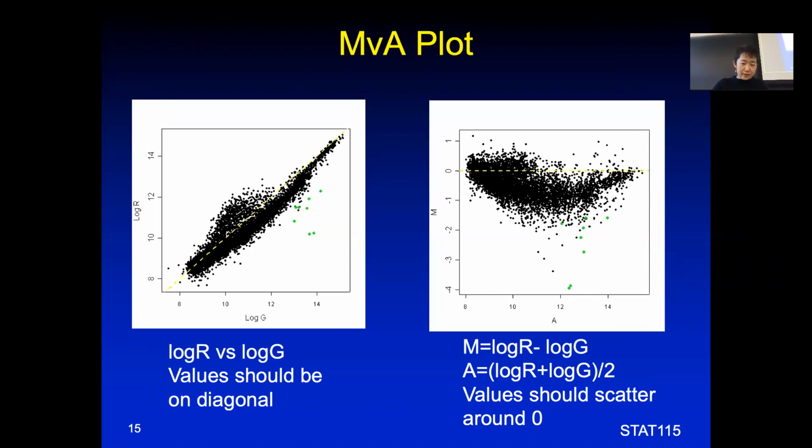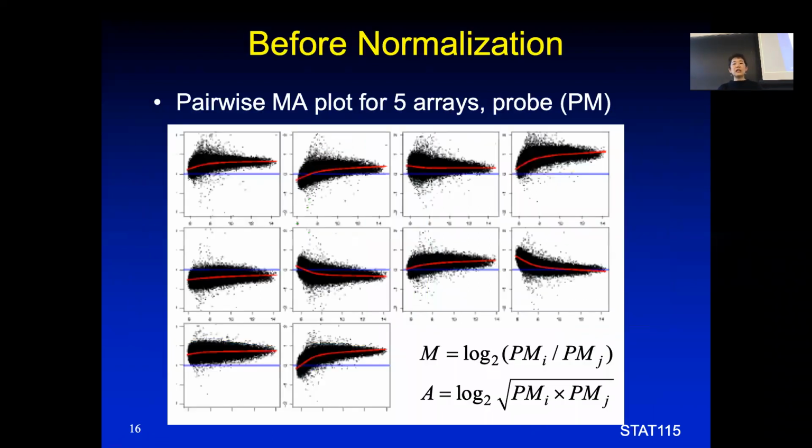Okay, and so let's go to the original dilution series. Let's just look at the 5 arrays in the 5 different scanners. The original data, because there are 5, we have to do pairwise comparison of every pair. So in the MA plot, you compare every pair, and the red curve is the lowess, which is kind of, remember, piecewise linear.